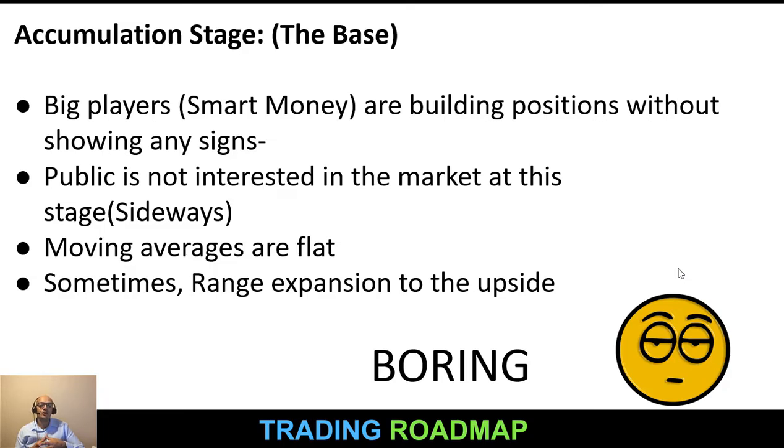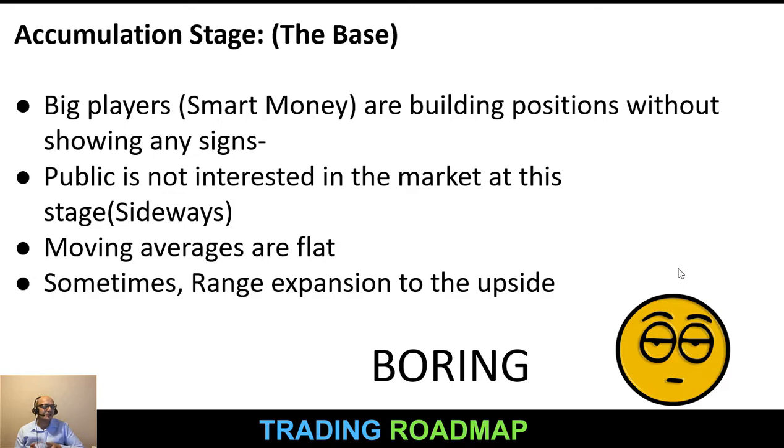What's happening during the accumulation stage is that the big players, or what we sometimes call the smart money, are building a position without showing any signs. We're going to talk about some of the signs they show later in the course, but today, guess what? They try as much as they can to not show any sign.